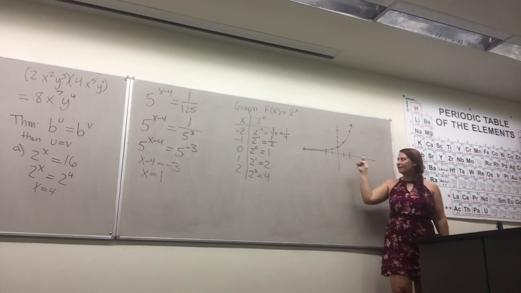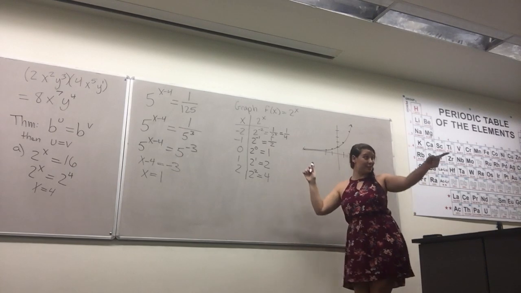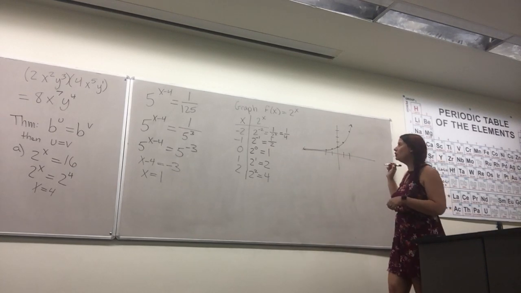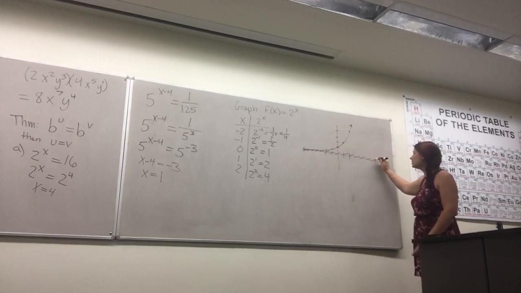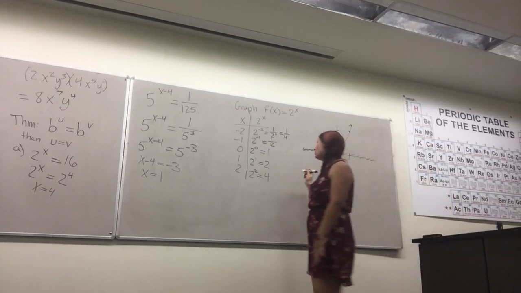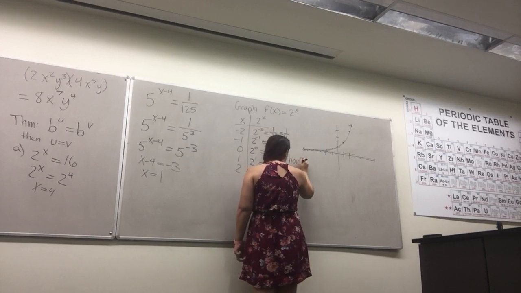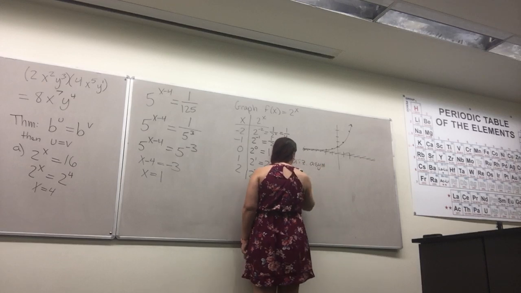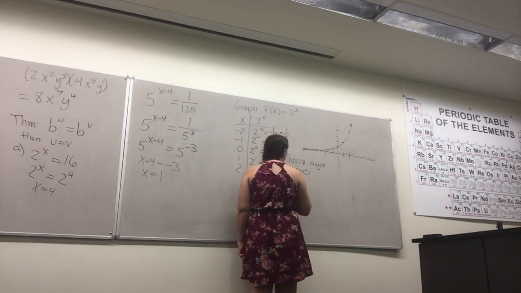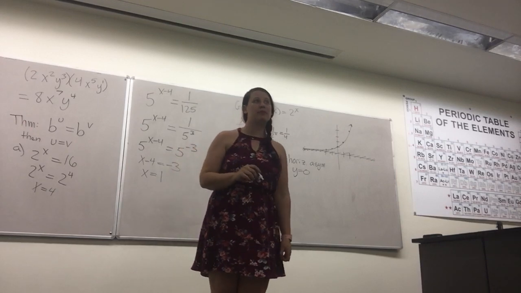Then, what does this kind of look like? An asymptote, yes. So, this function has an asymptote along the x-axis, or at y = 0. So, it has a horizontal asymptote at y = 0. All exponential functions do.